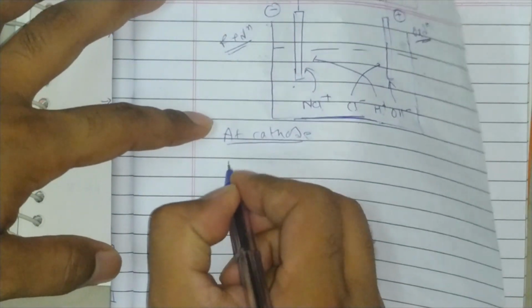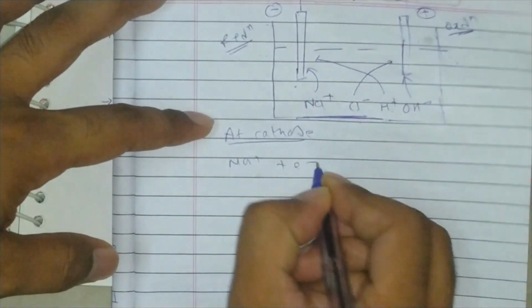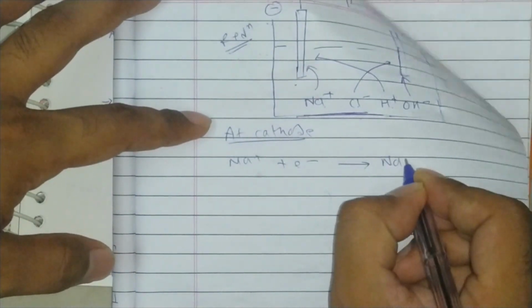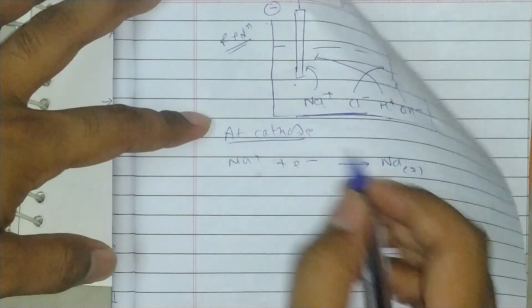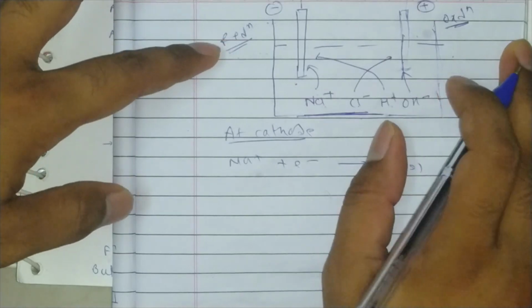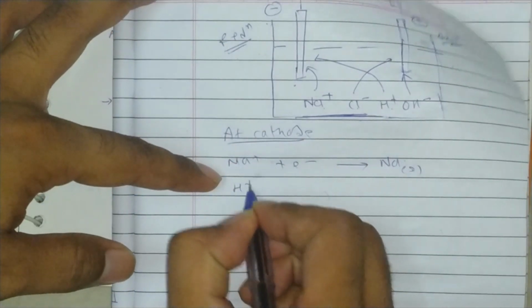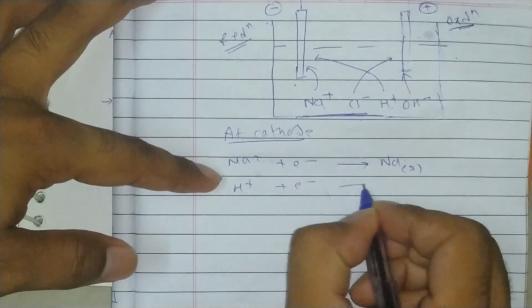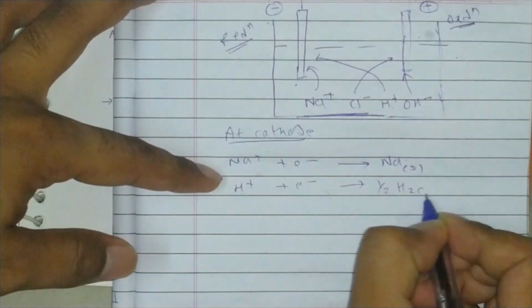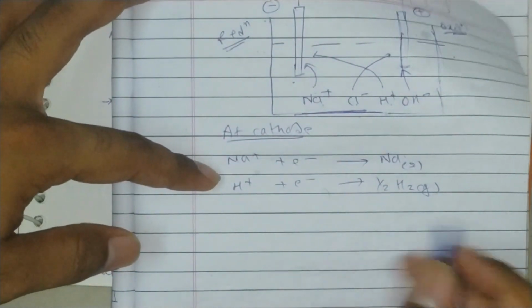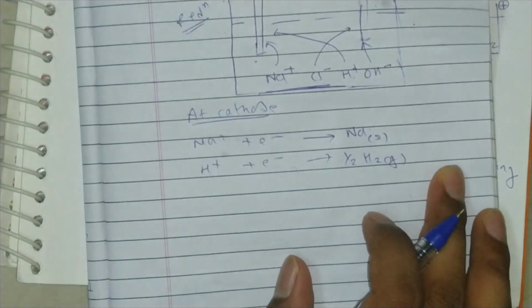Na plus plus 1 electron will be converted into Na solid, so sodium will be deposited at the cathode. Similarly, H plus ion will take 1 electron and will be converted into half of H2 gas. This is also possible, right?